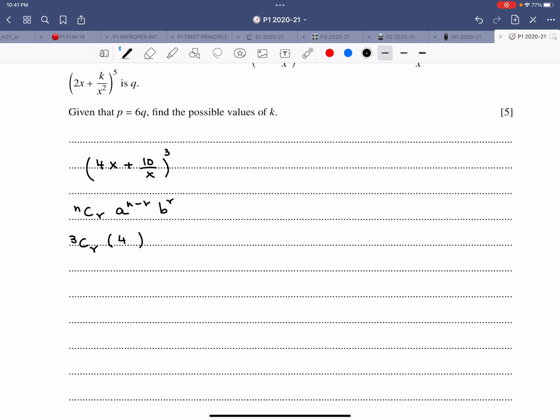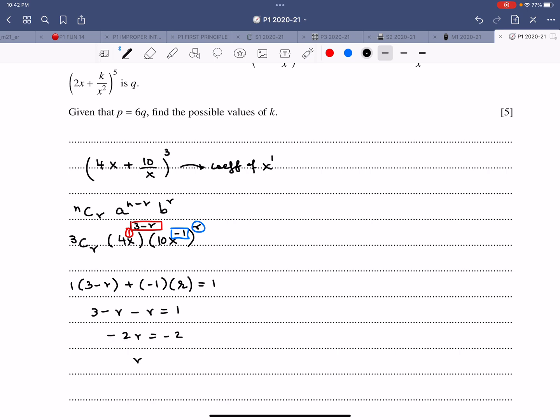That is 4x, 10x to the minus 1 raised to power of r. This is 3 minus r. Gather powers of x. This 1 multiplies with 3 minus r. This minus 1 multiplies with r. So therefore 1 into 3 minus r plus negative 1 into r equals, we are looking for coefficient of x, so power of x is 1. 3 minus r equals 1. Minus 2r is negative 2.